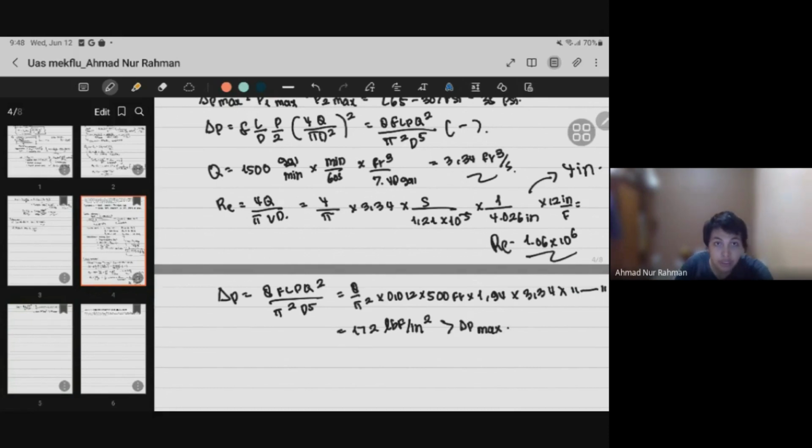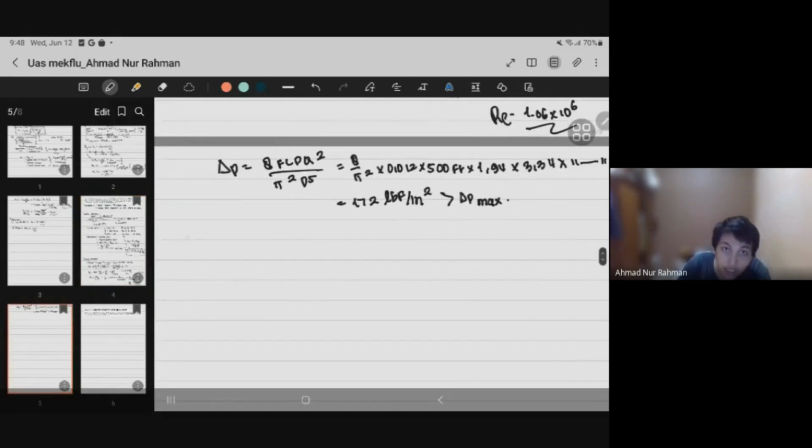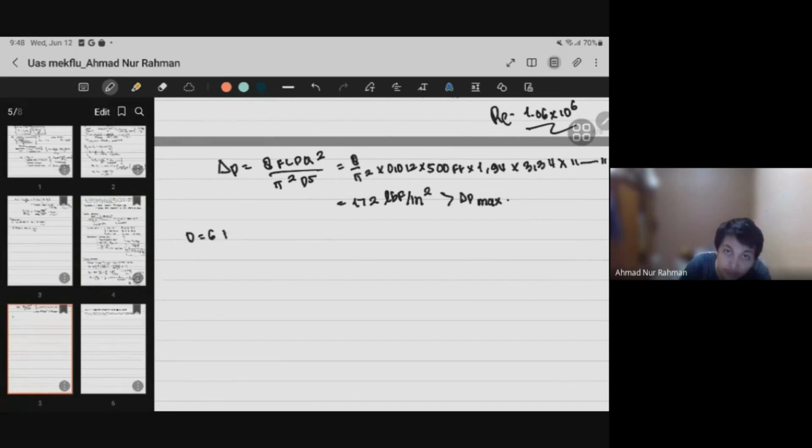So we try using a larger diameter, because since the pressure drop is too large, we begin using d equals 6 in. So we solve Re again.